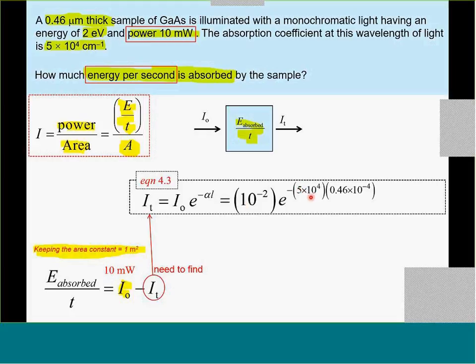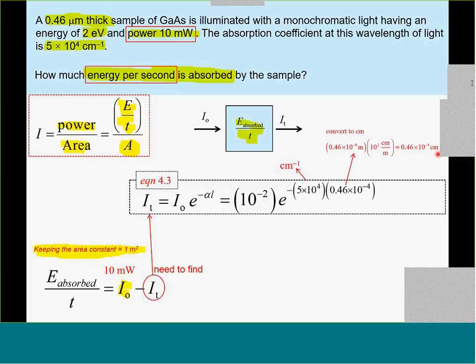But the thing is, our absorption coefficient is per cm. So basically our L should be changed from micrometer to cm. Convert micrometer to cm so that you can cancel it, because this is cm and this is per cm, then it will be cancelled.